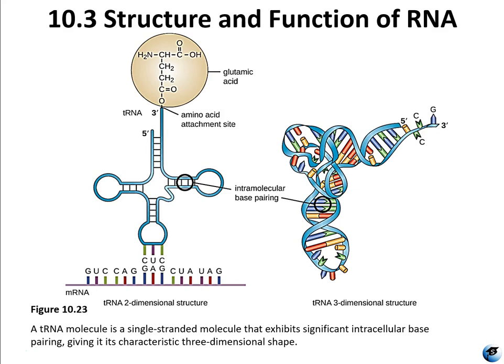Again, this figure will be significant in your understanding of transcription and translation, which is section 11.3 in the text. But for now, just notice this little group down here of 3 bases. These are paired to complementary bases on the mRNA strand, and this is called a codon. It is integral in the synthesis of amino acids and proteins.